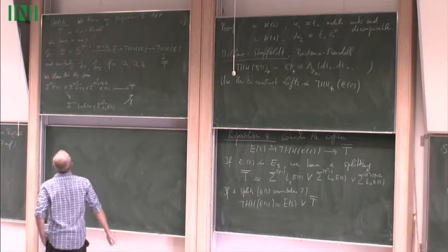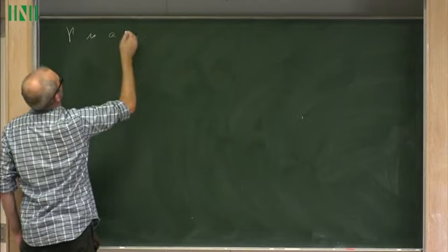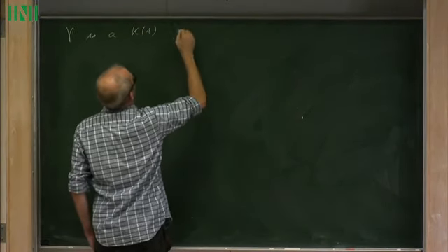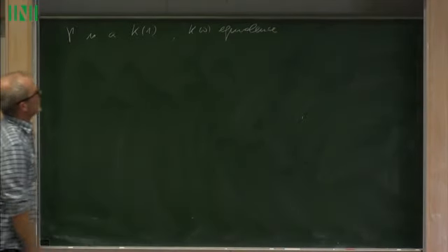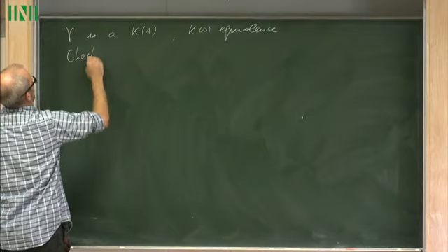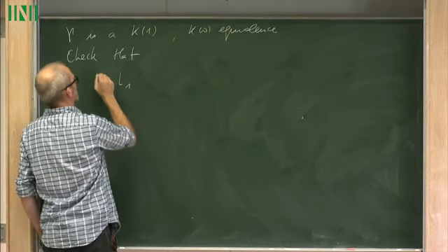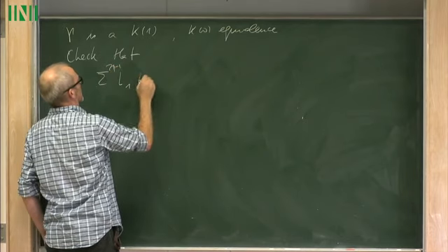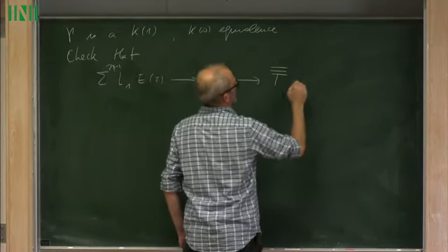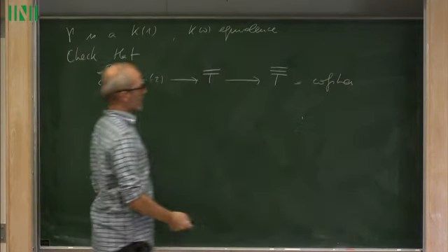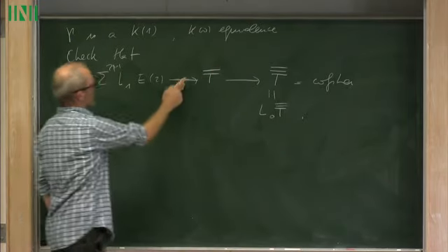Okay, so equivalence, and then you check that if you take the cofiber again, this time you get something rational. Because this was a K1 equivalence.